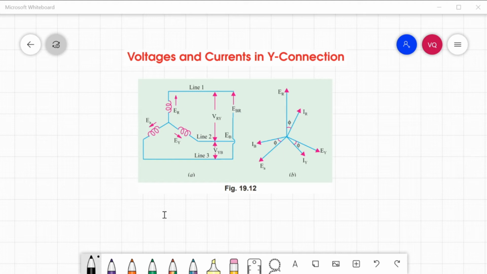Line voltage EBC between line 2 and 3 is the vector difference of phase EB and phase EC. The line voltage ECA, between line 3 and line 1, is the vector difference of phase voltage EC and EA.